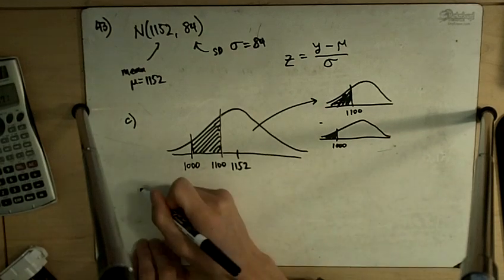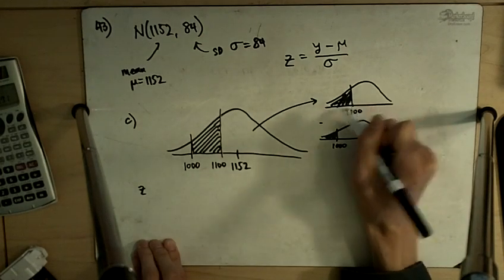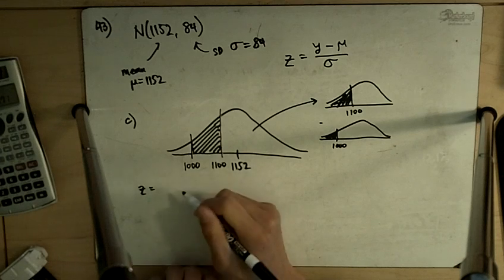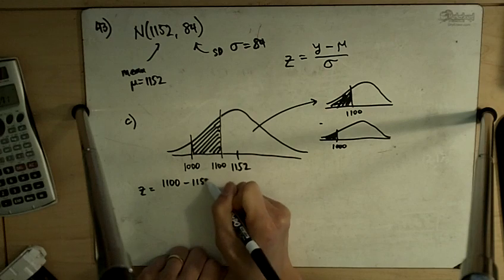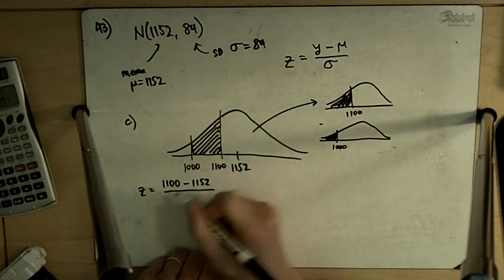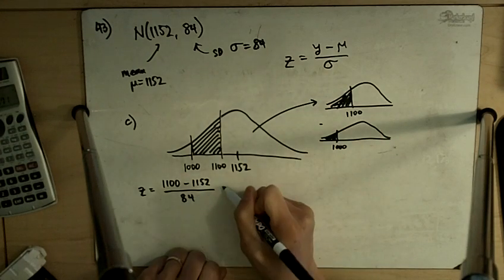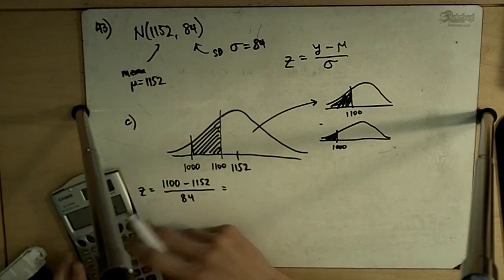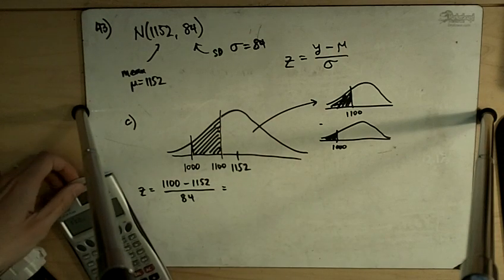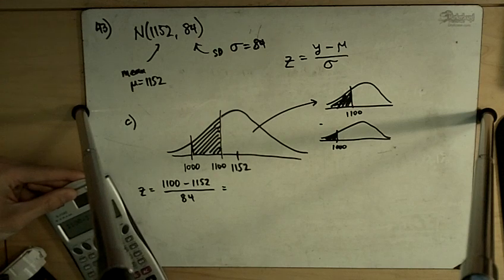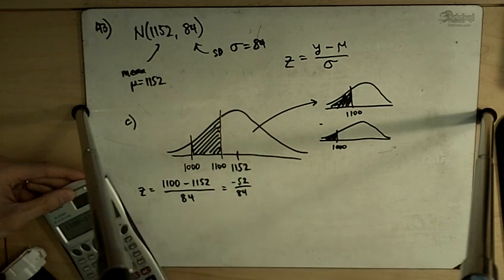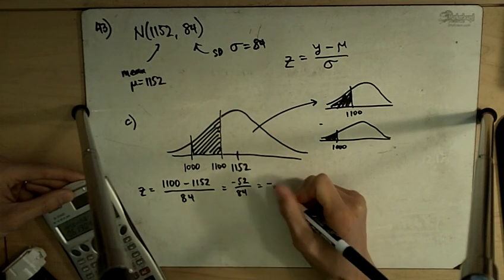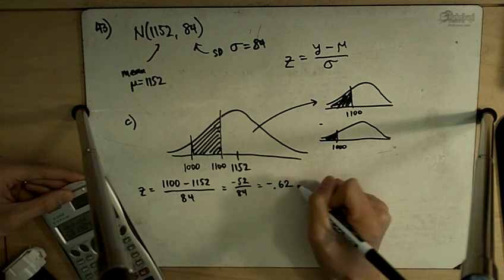First, the area to the left of 1,100: we take the z-score, 1,100 minus the mean of 1152 divided by our standard deviation of 84. Up top we have negative 52 divided by 84, and we get negative 0.62.